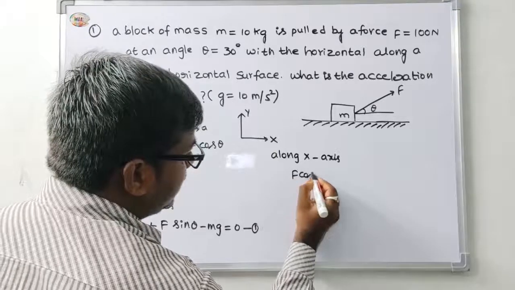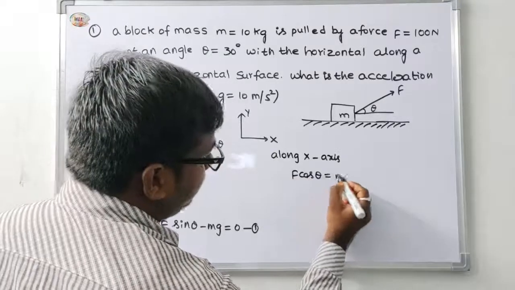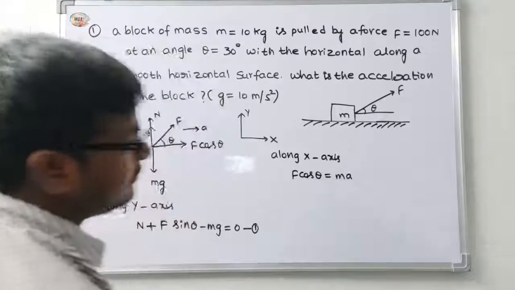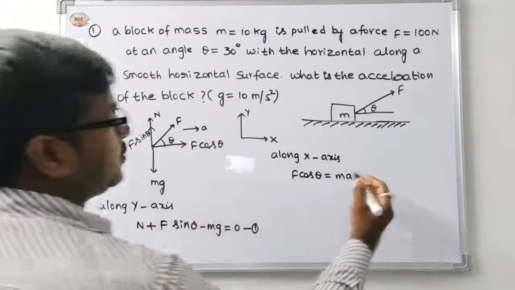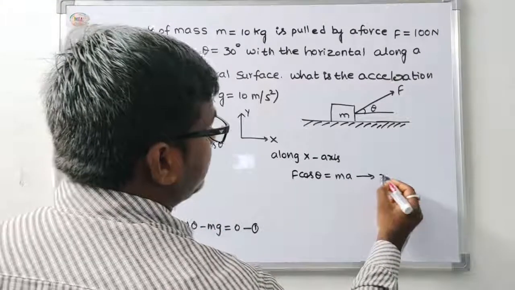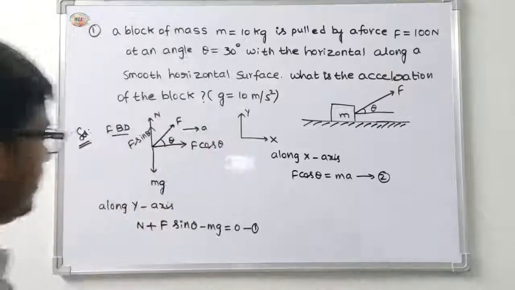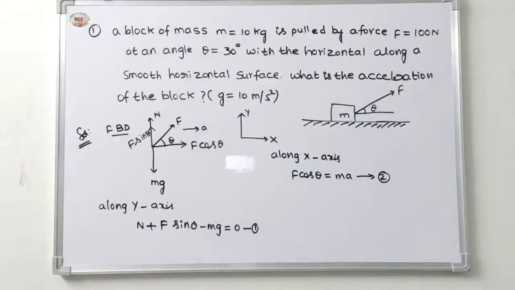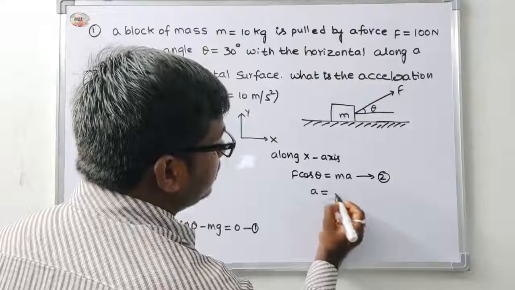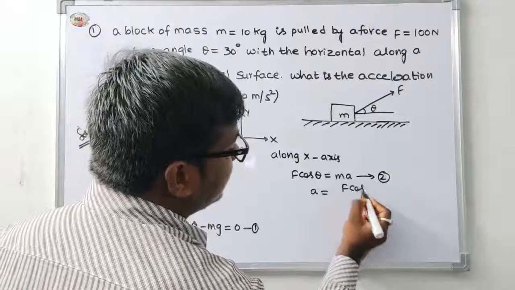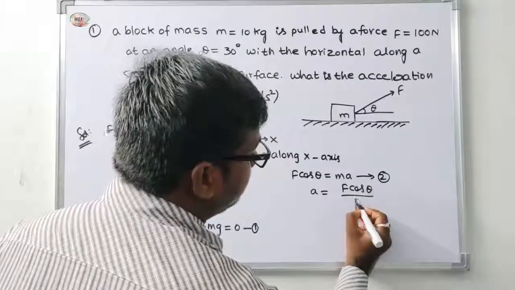So F cos theta is equal to ma. This is equation number 2. Here F cos theta equals ma, where a is the acceleration along the x-axis, then acceleration a is equal to F cos theta by m.